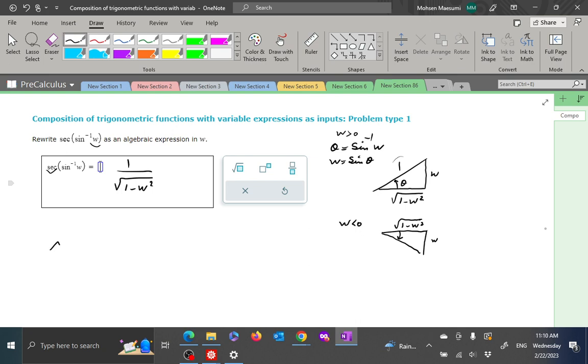What if they had asked us what is secant of sine inverse of, say, 2x plus 3? Well, we do a substitution. Substitution means all of this is going to replace this and that one, and otherwise is all the same.